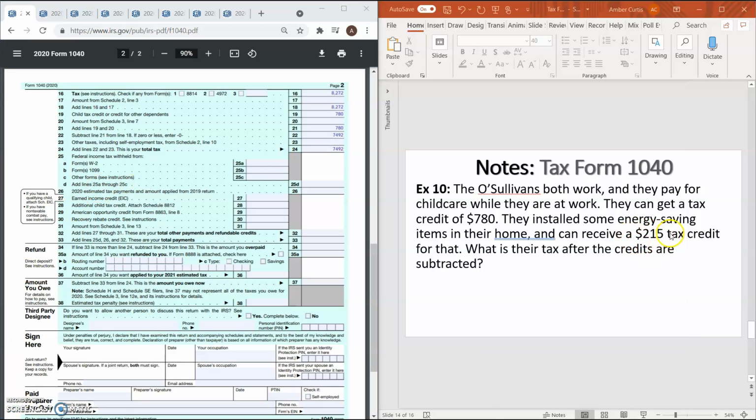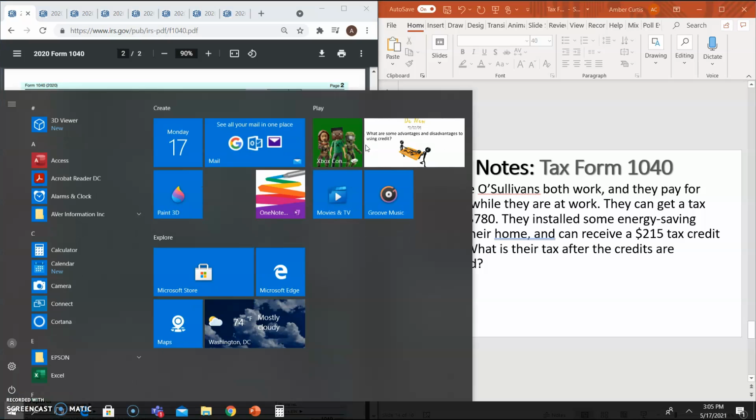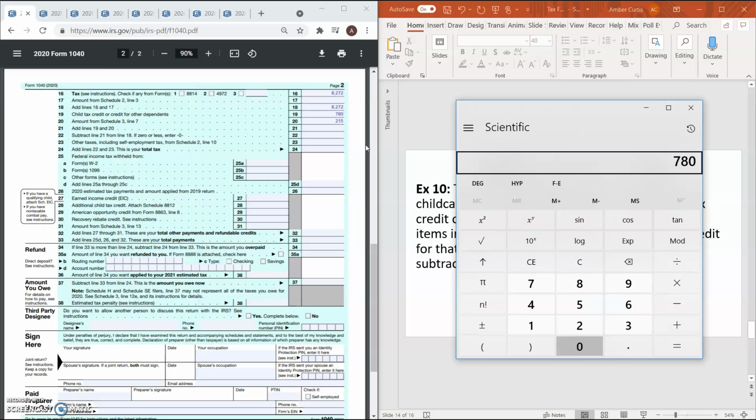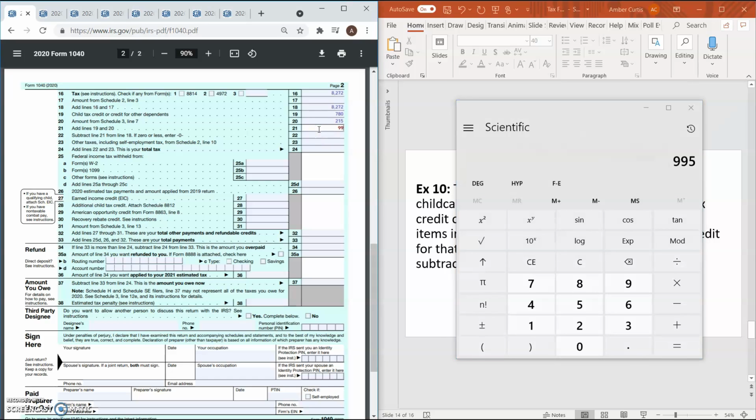Right, one thing I didn't take note of is the tax credit for the energy savings, and that's going to go here on line 20. So we have $215. So then that will change these lines. So when we combine our 780 and 215, we have here 995.